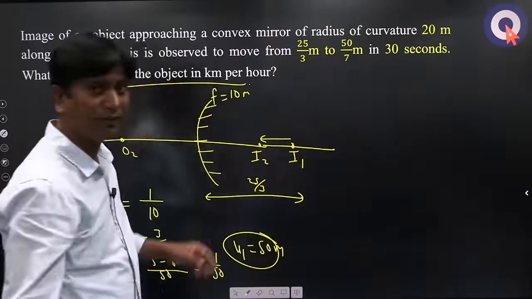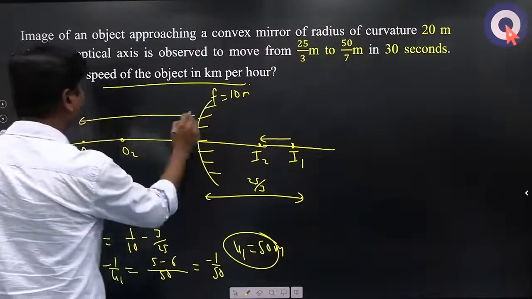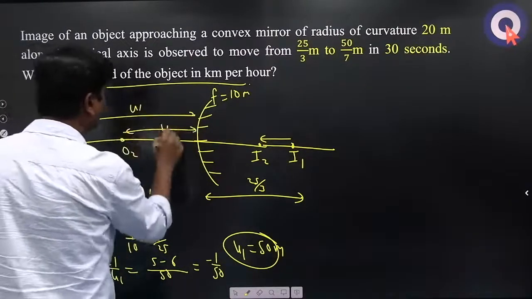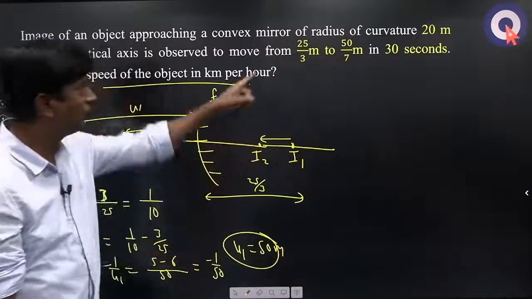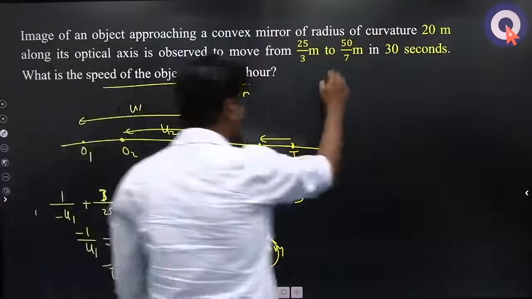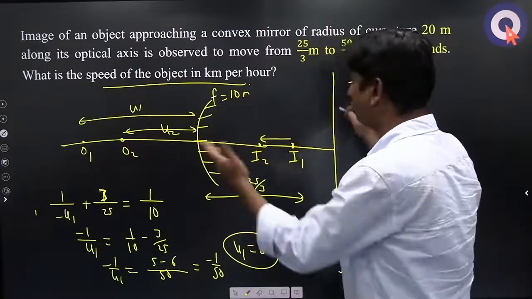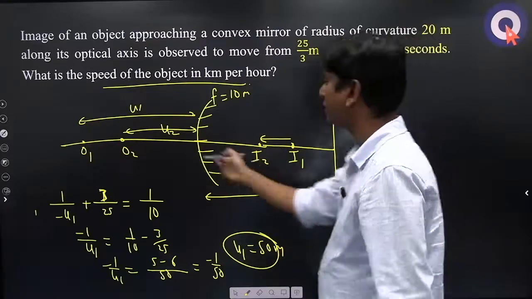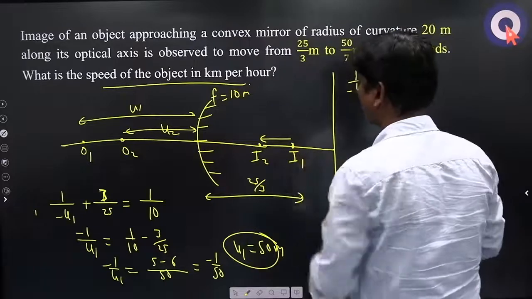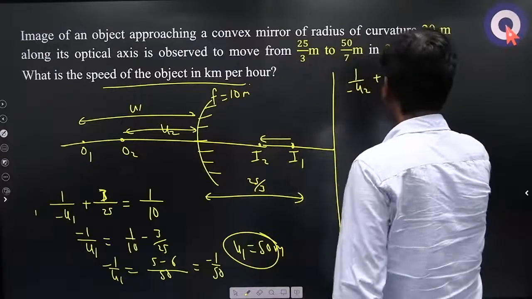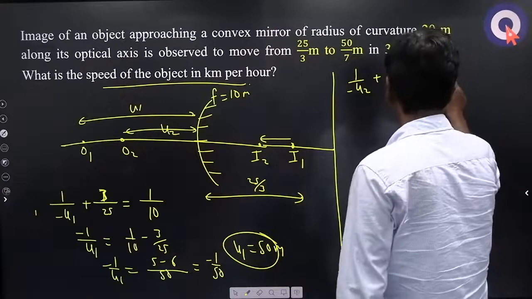Similarly, in the same way, we find the value of u2 also. So this was u1 and this is u2, for which the image distance is 50/7. Again use the mirror formula: minus 1/u2, because the object is left of the mirror, plus 1/v2, with v2 = 50/7 positive on the right side, is equal to 1/f, and the focal length is again 10.